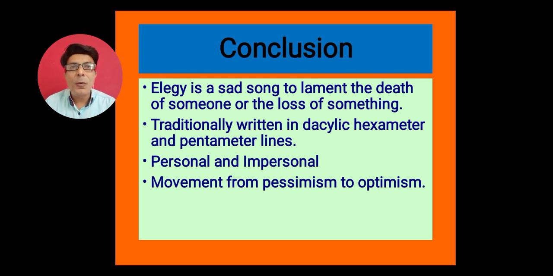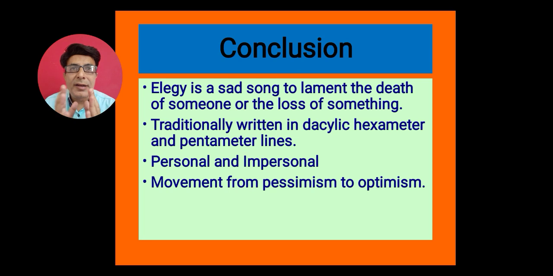Friends, before I leave, let me conclude the whole discussion: elegy is a kind of lyric poem. Elegy is always personal by nature. It expresses the poet's grief after the death of some near or dear one.